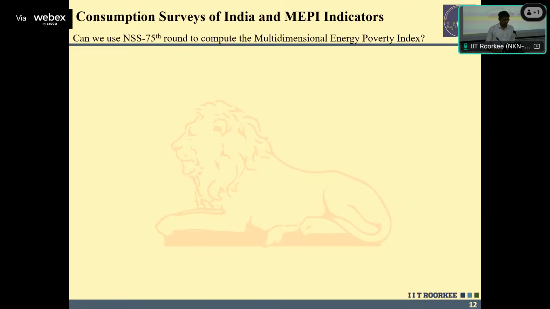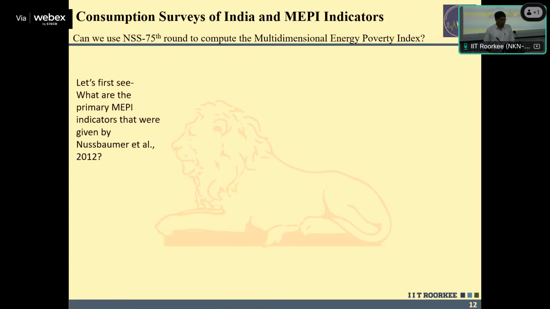I'll show you, and we'll also clarify on our fifth day while explaining or computing the energy poverty index. So we just check this with reference to the November 2012 indicators for the MEPI.